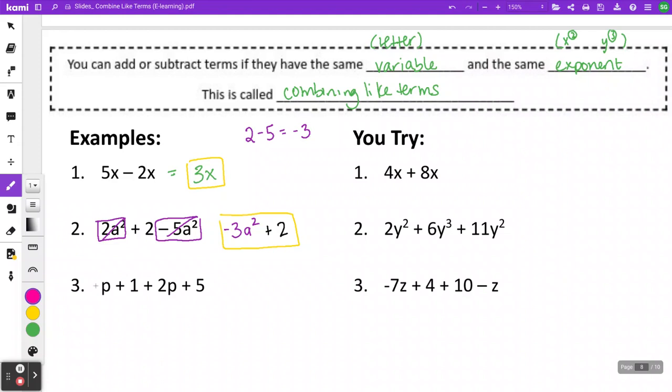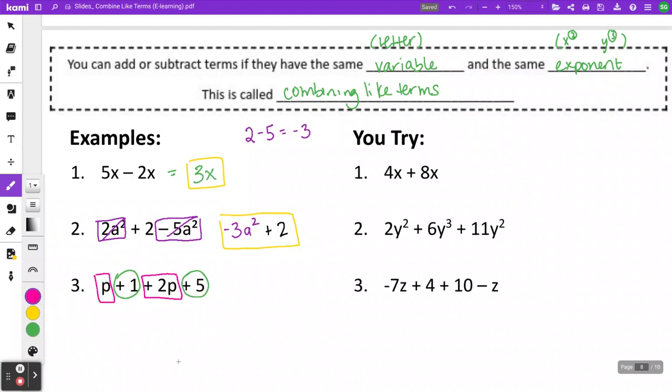We can add the p's together. So I see I've got a p and I've got a plus 2p. But there's something else you can also add here. Don't forget, you can add numbers together. So we're going to add those p's together, and then I'm also going to add the numbers together. I can add 1 and 5 together as well.